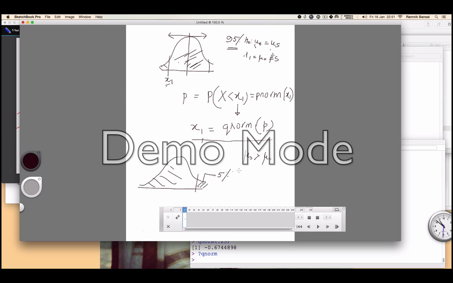So this is for the greater than case. Similarly, the less than case would be the reverse of this. I draw this, and then there is a 5% probability that it should fall here. So we will look at all the different examples in tomorrow's class. So that's it for today, I think.